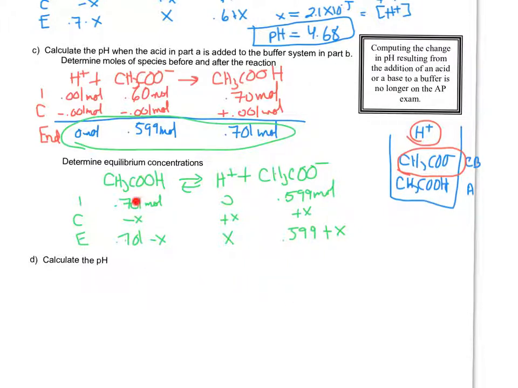So I'm going to fix that real quick. This is 0.701 moles, but it's divided by 1.001 liter, because remember, I have 1 liter in my buffer and 1 milliliter from my acid.